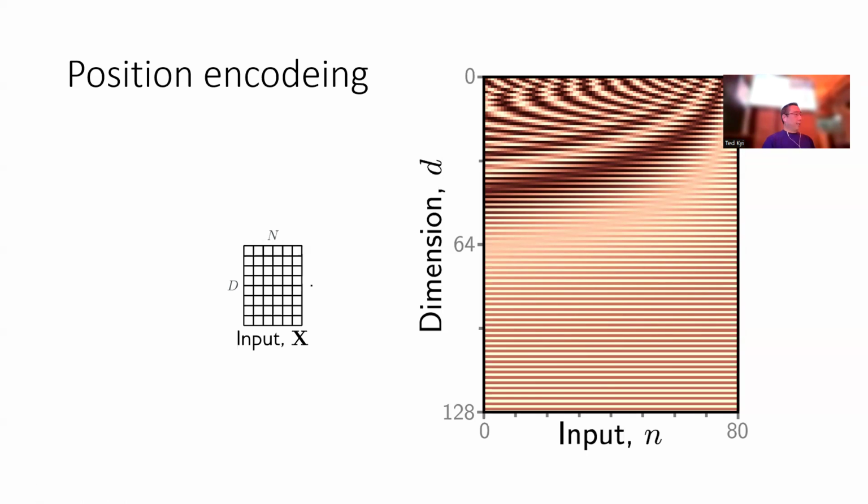If you had a max input length of say 4,000, and you just had one sine and cosine that told you the whole thing, it'd be very difficult to tell words that are two words apart, because their sine and cosine are going to be very similar to each other. So that's why you need a mix. You need some big ones that tell you long range distance, but you want some higher frequency ones that have better resolution for when you want to know if something is only two words apart. If you get this, great. If you don't get it, it's not super important.